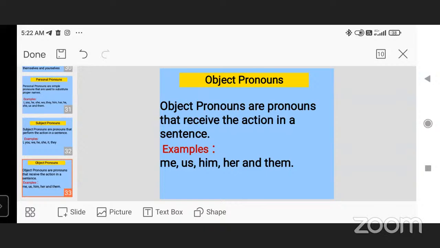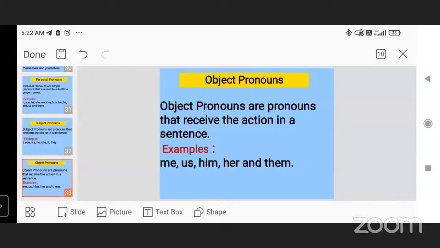I'll give an example with a noun. Karthik hates me. Karthik is a noun, hates is a verb, and me is an objective pronoun.